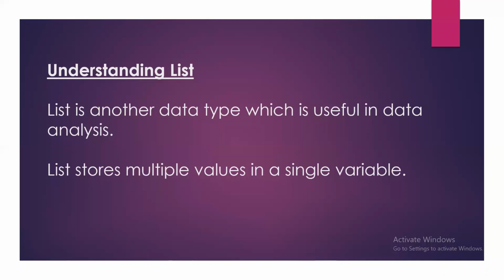We saw how we can combine more than one variable using the plus sign, how we can perform mathematical operations on variables where variables are integers or floats, and how we can use f-strings to combine variables or strings. Now we will discuss lists.